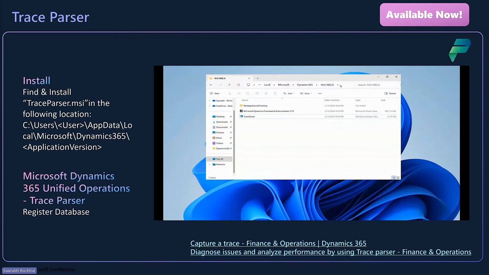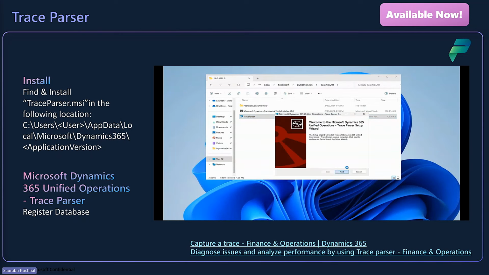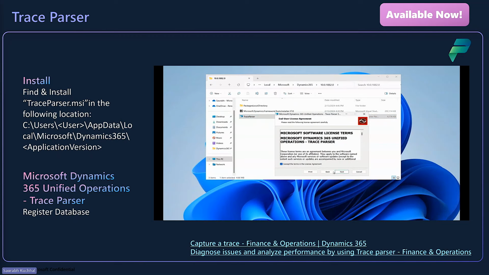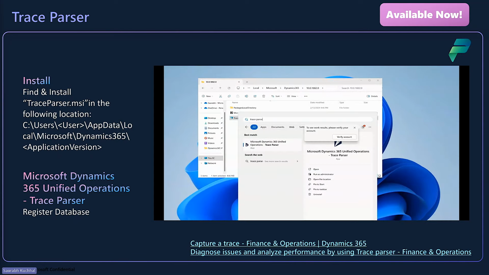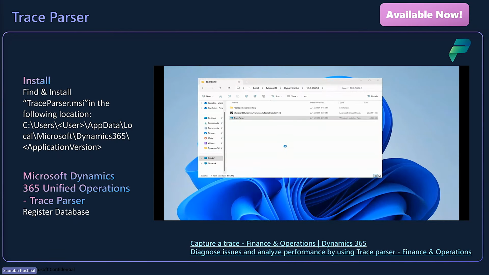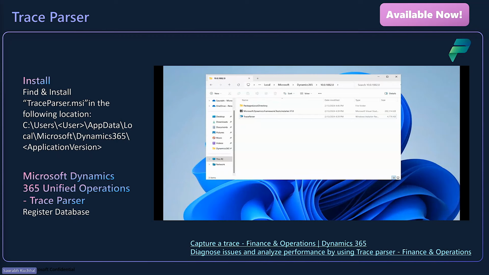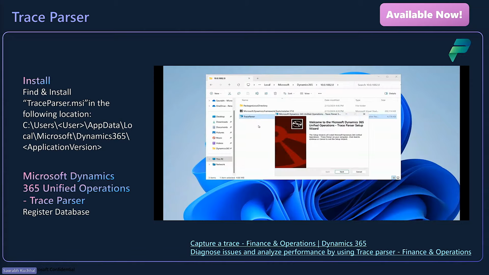You can take traces and drill into code, do the performance analysis, see the code flow, executions, SQL queries, all of it. What you need to do is, as part of the metadata download, which Pankaj showed in the demo, it will also download the traceparser.msi file. All you need to do is install that MSI file on your local laptop or workstation. And after that, the rest of the steps are exactly the same.